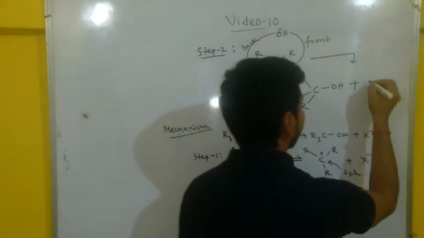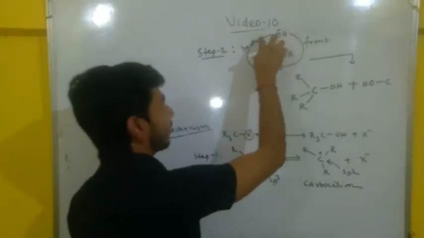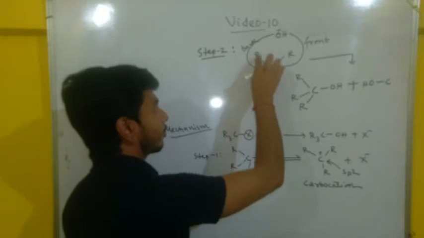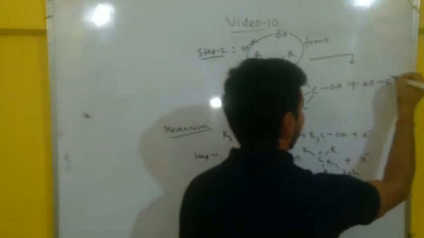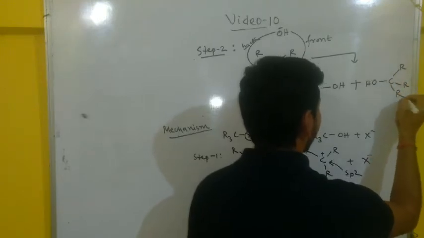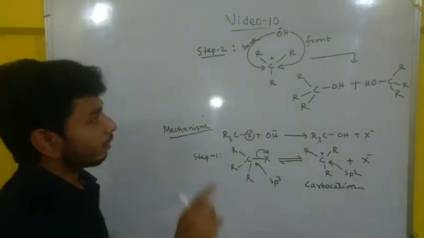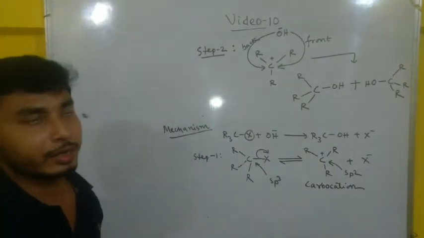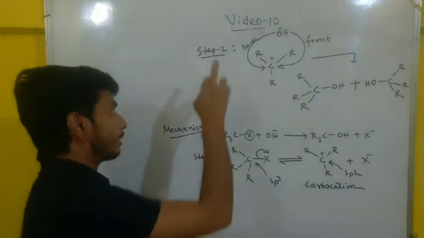Here OH is coming from the back side, so the alkyl groups slightly move to the front side. That is, we are getting two products. Both products are the same, but the structures are different; the orientation is different. So this is the second step.